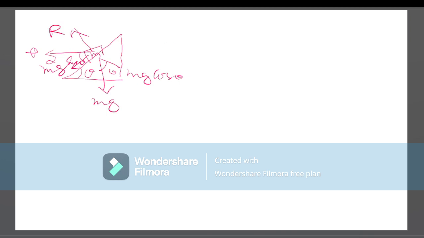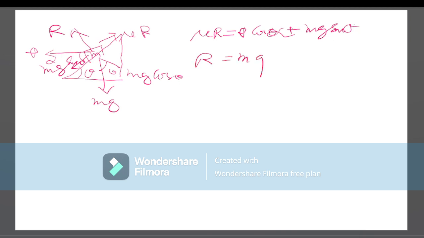But here the catch is that the force of friction acts upward. So mu R. If you compare this equation, this is simply mu R equal to P cos alpha plus mg sine theta, and R will be simply mg cos theta minus P sine alpha.